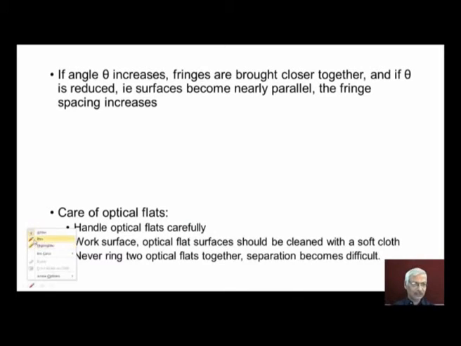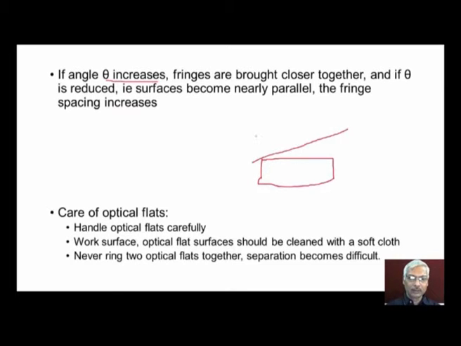Now we must understand that if angle theta increases, that means we have the work piece to be inspected, and then we have the optical flat placed on the surface to be inspected, and this is the angle theta.